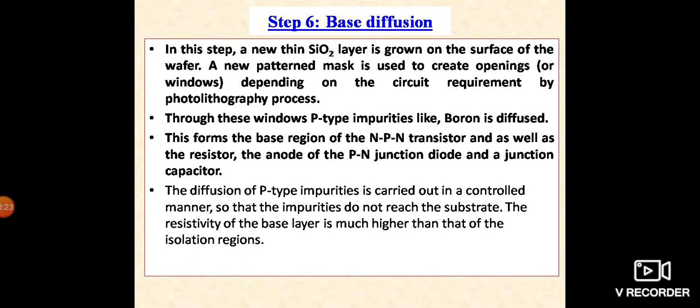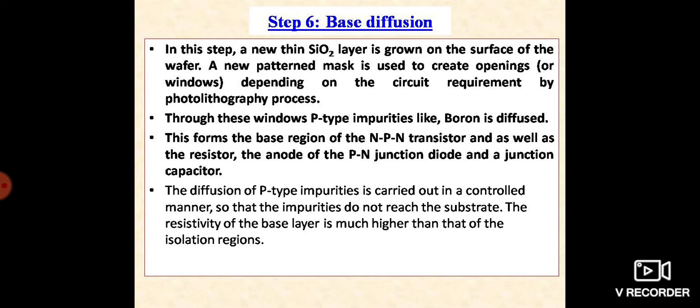So the last point, the diffusion of p-type impurities is carried out in a controlled manner, because you should understand all these processes we are carrying out are actually carried out in a highly pure and controlled manner.